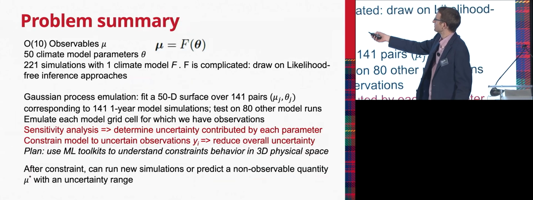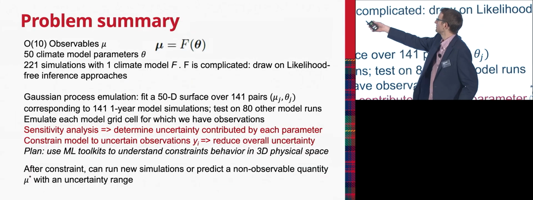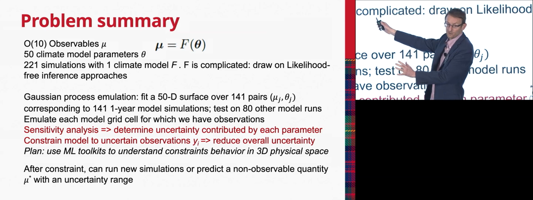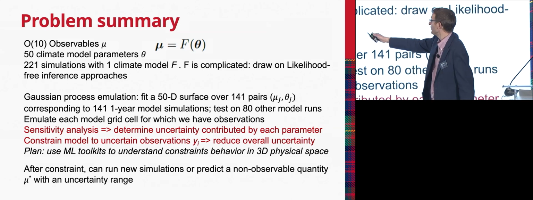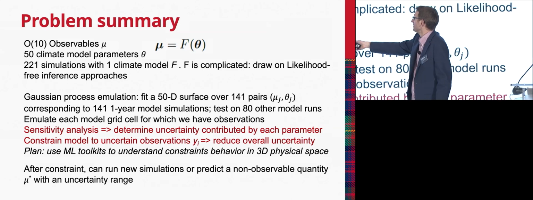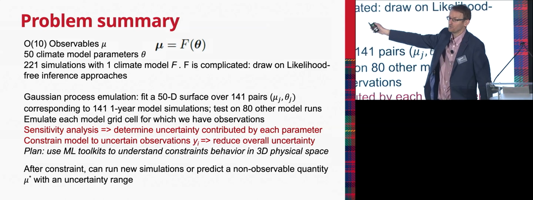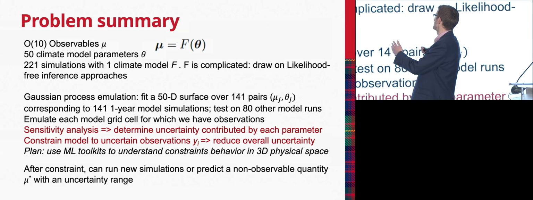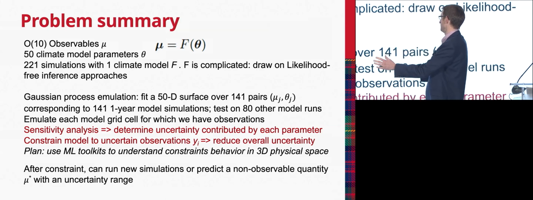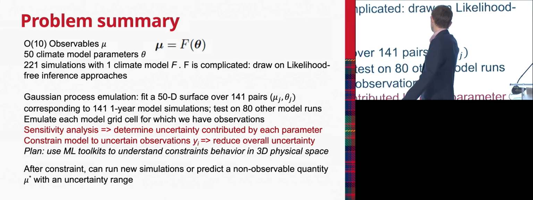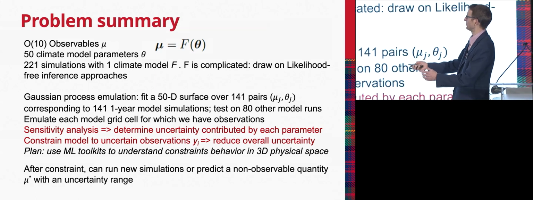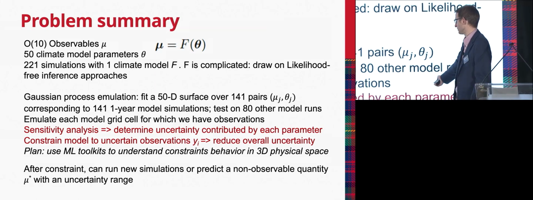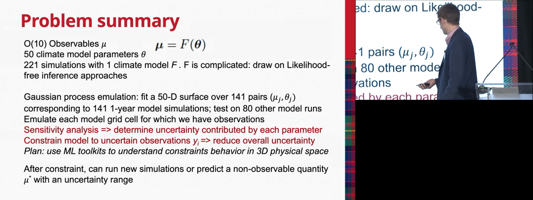So just to summarize the problem, we then have about 10 observables now instead of 2, 50 climate model parameters, 200 to 300 simulations, and we can emulate our model grid cells over the 50-dimensional input space to determine the uncertainty contributed by our uncertain parameters and to constrain the model to the uncertain observations.